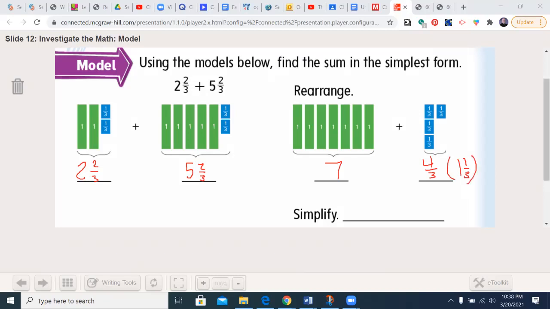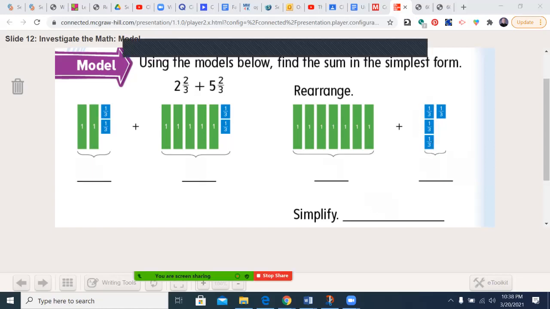Plus 7 is 8 and 1/3. See, these three together make 1, and then there's 1/3 left over. Make sure you rearrange and make sure you're adding the whole numbers together, those kind of things.